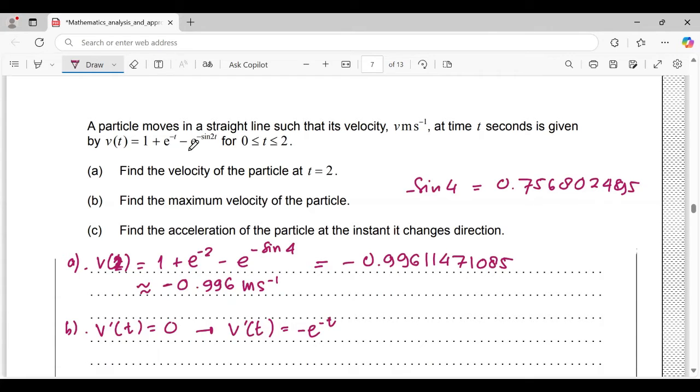And the derivative of this term, minus e power minus sine 2t, is plus 2e power minus sine 2t times cosine 2t. Okay, equals 0.